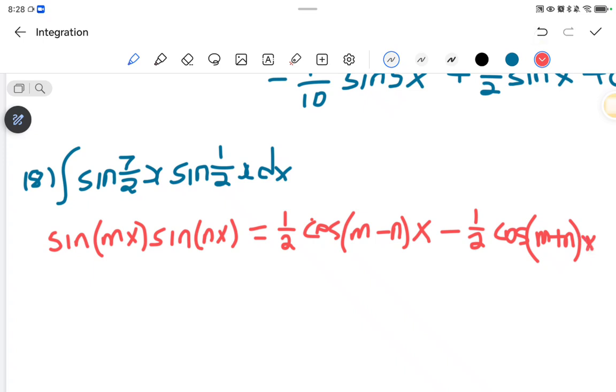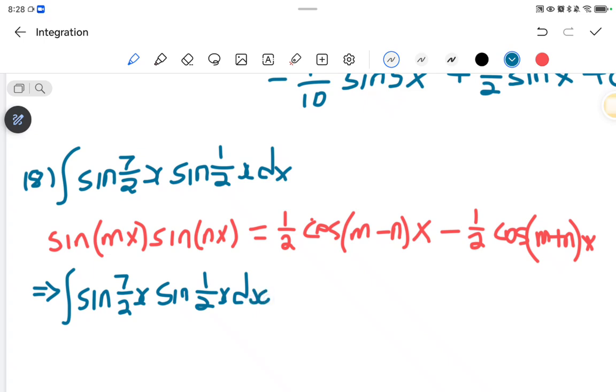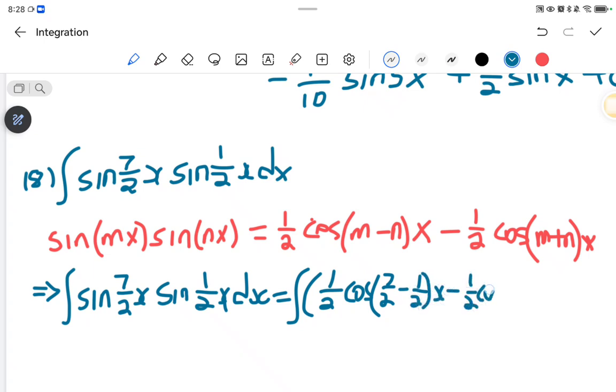Then this will imply that the integral of sine of 7 over 2 x sine of 1 over 2 x dx is going to be equal to the integral, I just put the integral there, of 1 over 2 cos of 7 over 2 minus 1 over 2 x minus 1 over 2 cos of 7 over 2 plus 1 over 2 x.